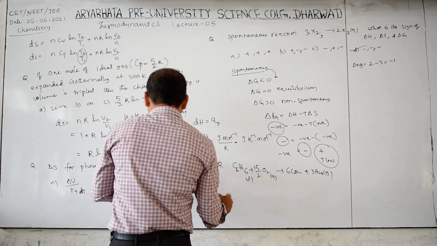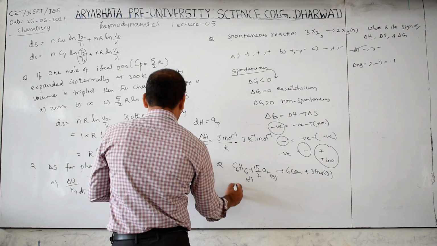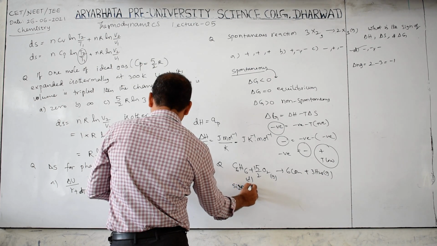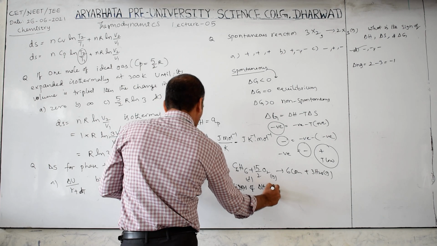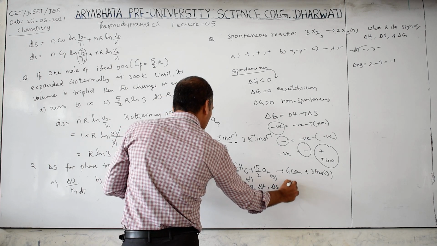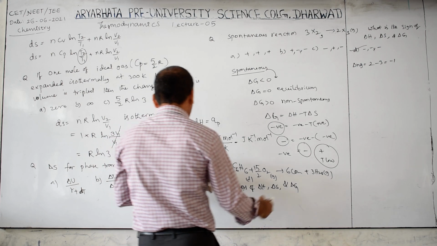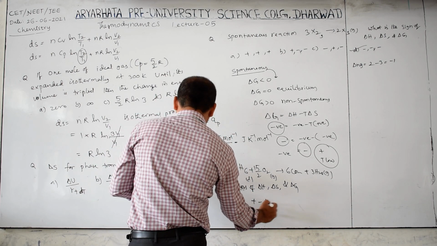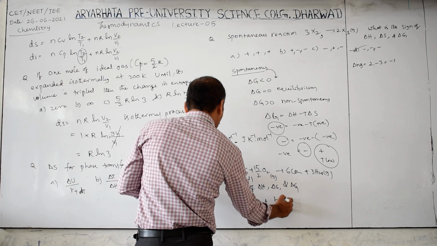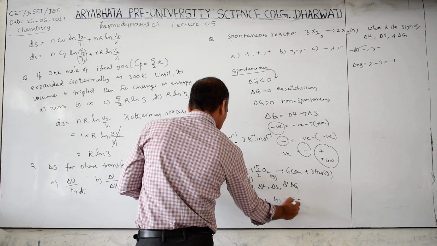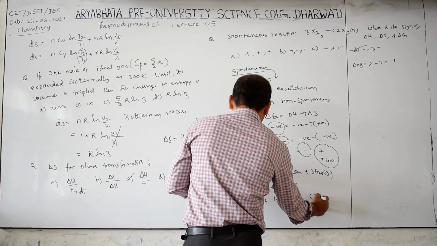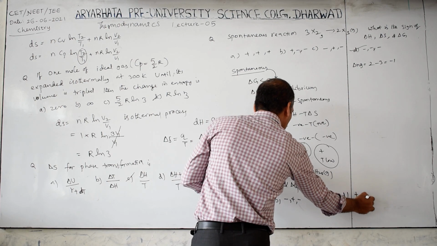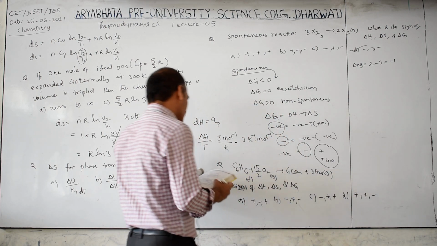They have given, then the signs of delta H, delta S and delta G for the above reaction are: A plus minus plus, B minus plus minus, C minus plus plus, D plus plus minus.